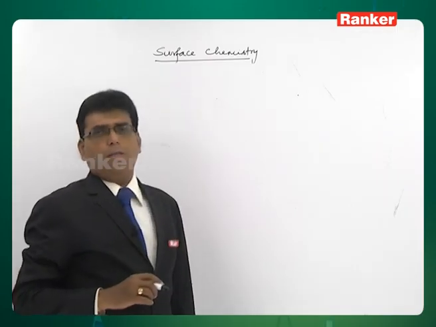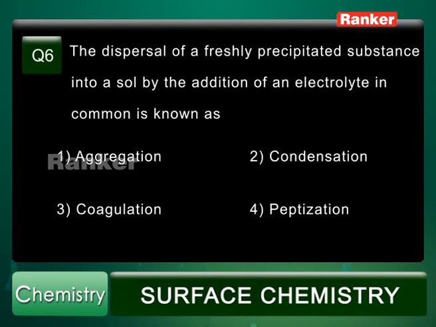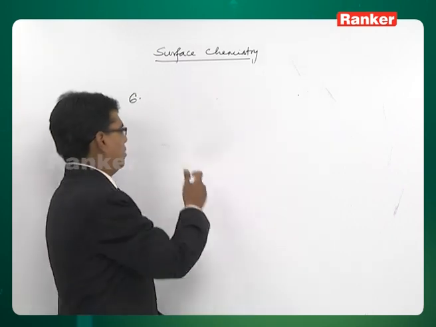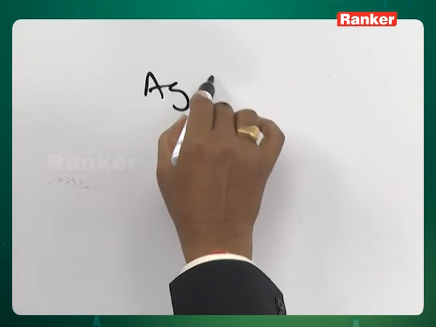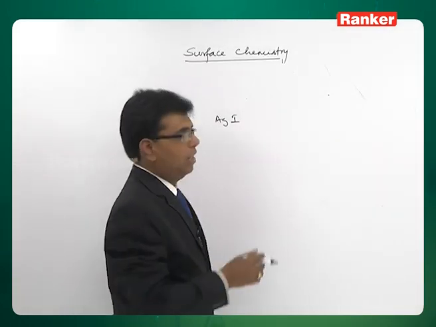Now, let us move on to question number 6. The dispersal of freshly precipitated substance into a sol by the addition of an electrolyte is commonly known as peptidization. In the previous examples also we have seen, suppose you have a precipitate of AgI, like in the previous question.